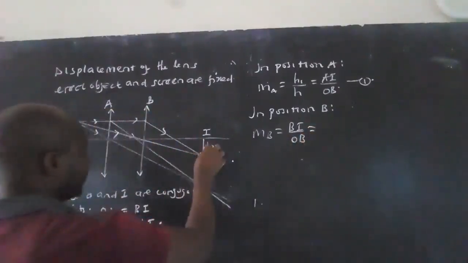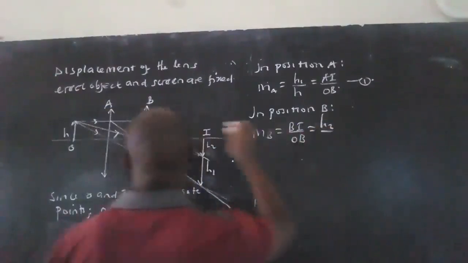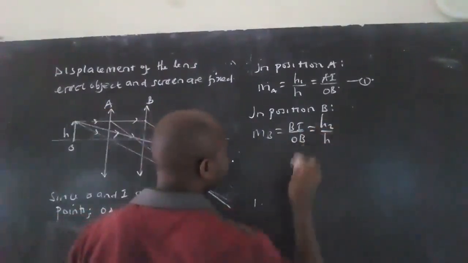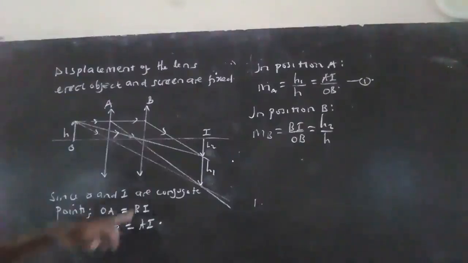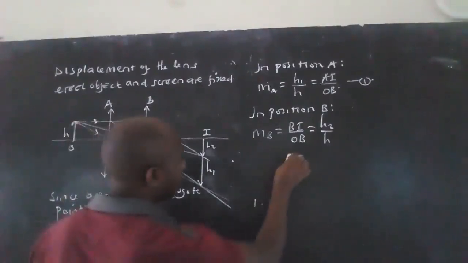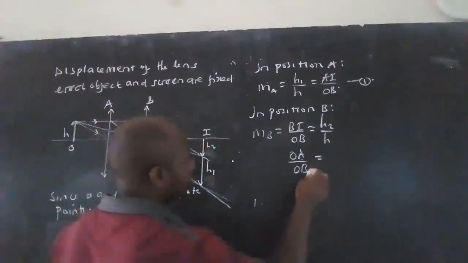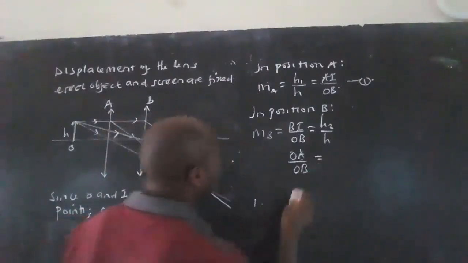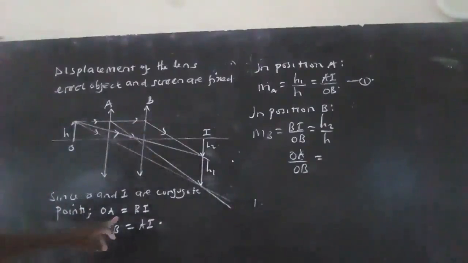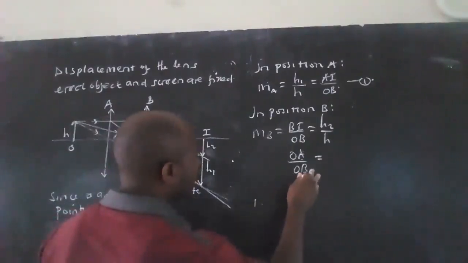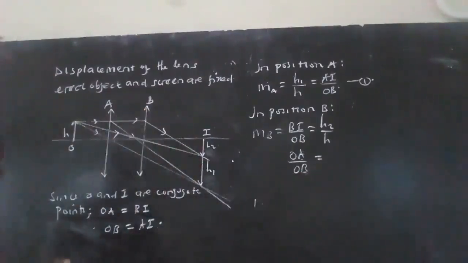Is equal to height of image over height of object, which is H2 over H. But then we know that BI is same as OA, so this one is same as OA over OB, giving us H2. But what is BI? BI is same as OA, and then AI is same as OB. Okay? AI is same as OB. Is it true?